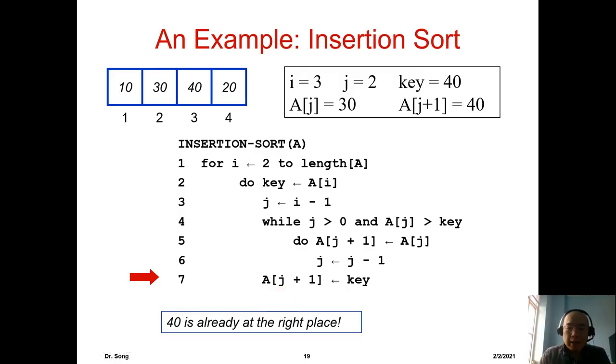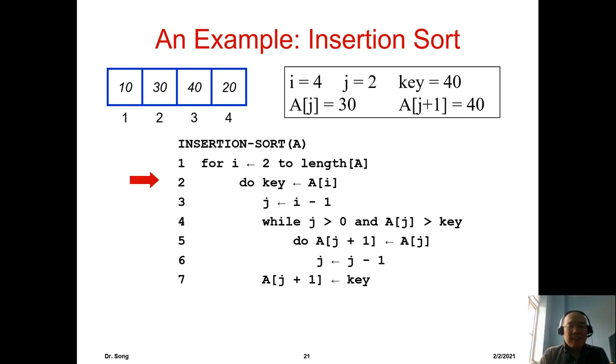We don't check that. But eventually, after finishing the iteration from line 4 to line 6, we just insert the key into that location. In some cases, if the new value to be incorporated into the sorted portion is already at the right place, it doesn't matter, we still do an insertion.